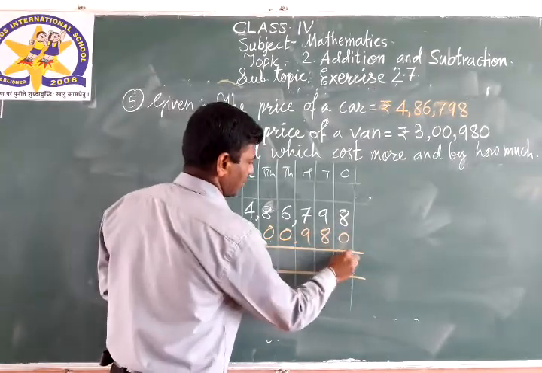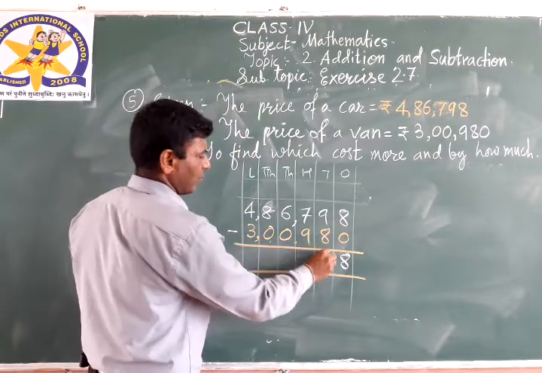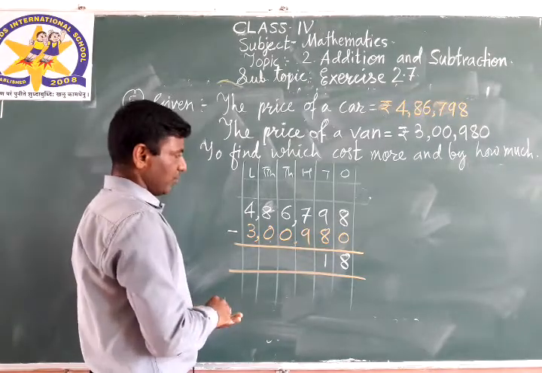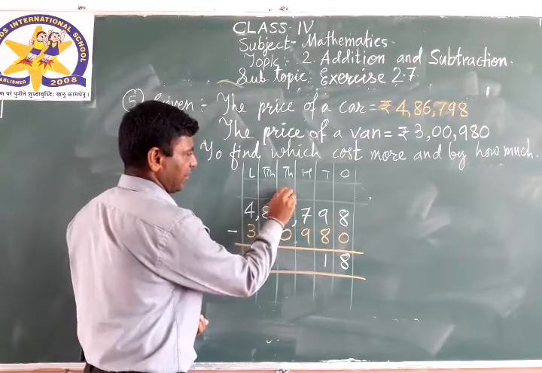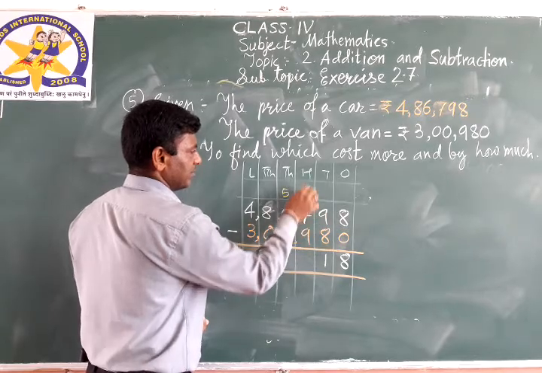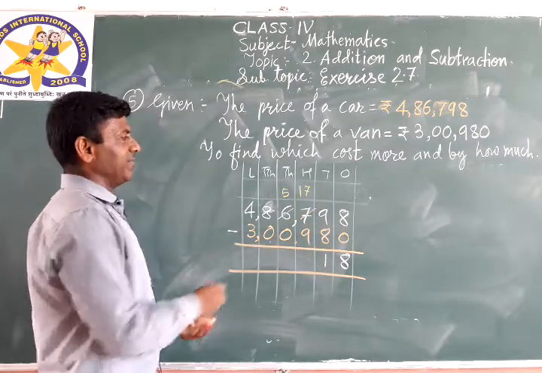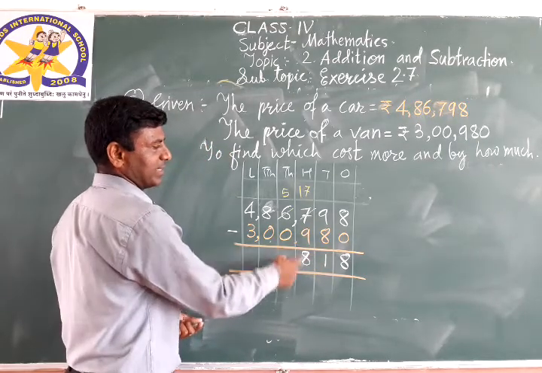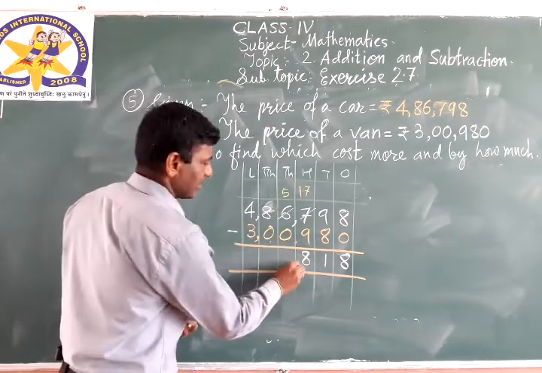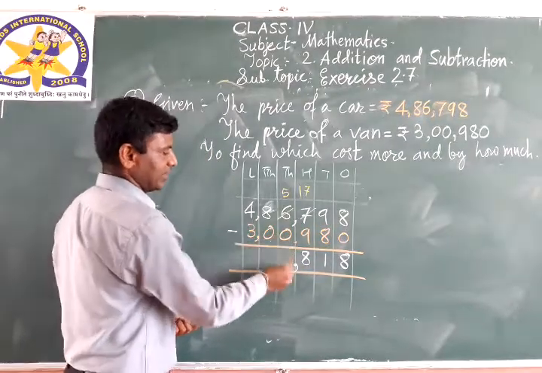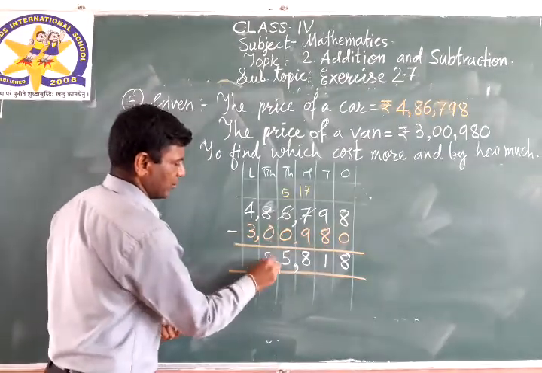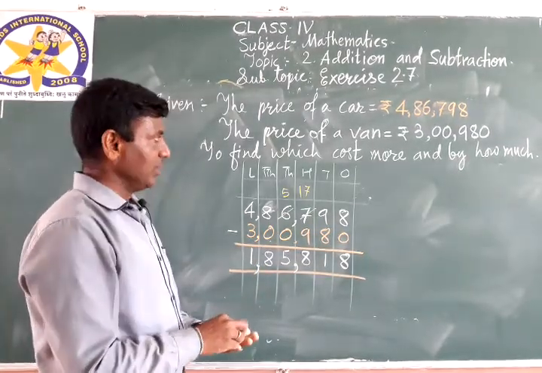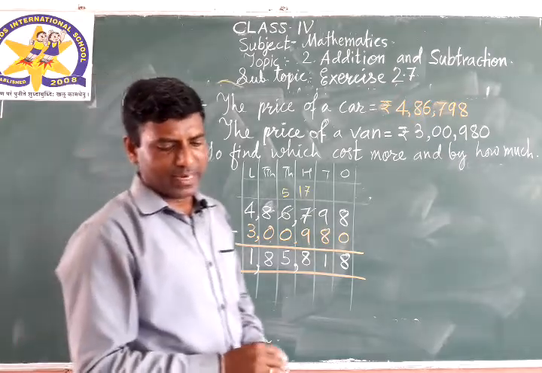8 minus 0, 8. 9 minus 8, 1. 7 minus 9 possible? No. What are we doing? We are borrowing from the neighbor. 6 becomes 5 and this 7 becomes 17. So 17 minus 9, 8. Put a comma, then 5 minus 0, 5. 8 minus 0, 8. 4 minus 3, 1. So what will be the last answer?